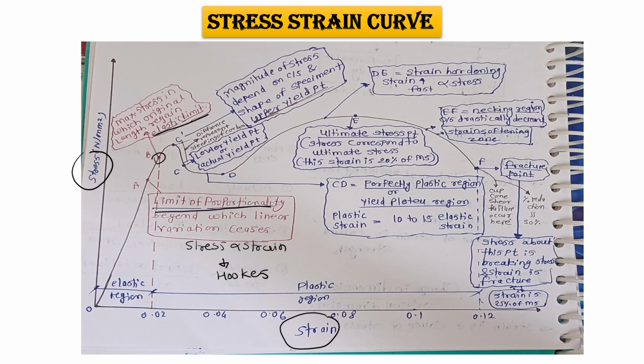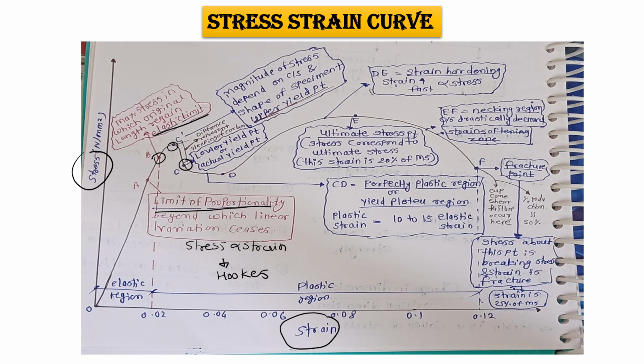The next point, C, is the yield point. First is C dash, which is the upper yield point, then C is the lower yield point, which is the actual yield point. From that C, the material does not regain its original position after removal of the applied force.